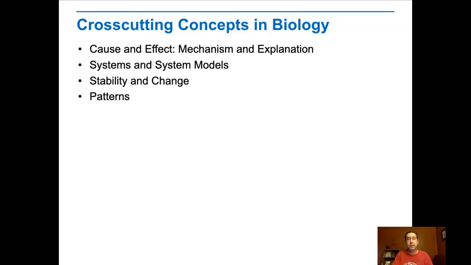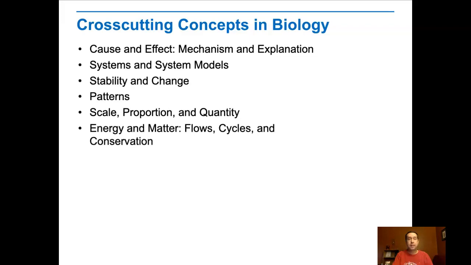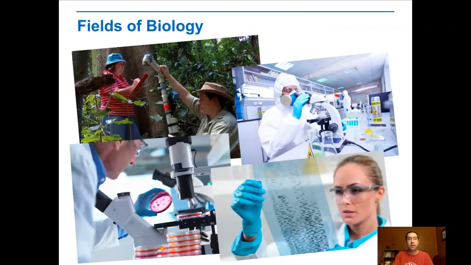Stability and change. Patterns. We see lots of patterns in the study of biology. Scale, proportion, and quantity. Energy and matter. Talk about energy flowing through ecosystems. We talk about matter cycling, and then conservation. Structure and function. Again, structure and function always go together. What something looks like is related to what it does.